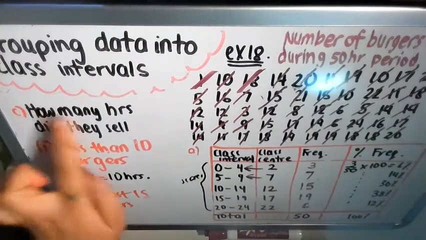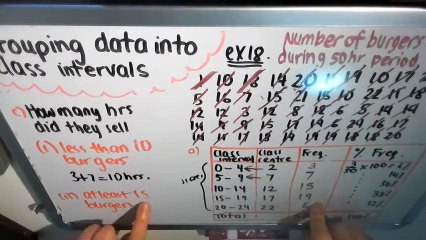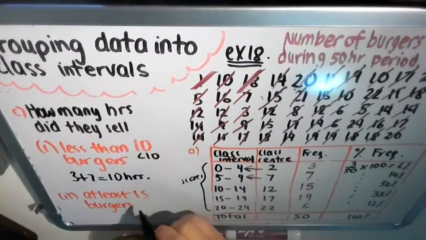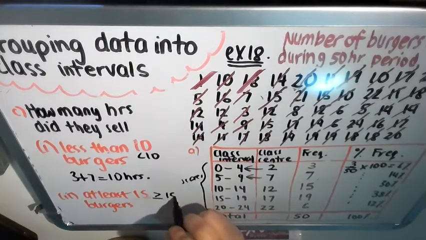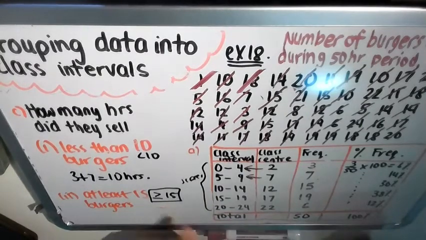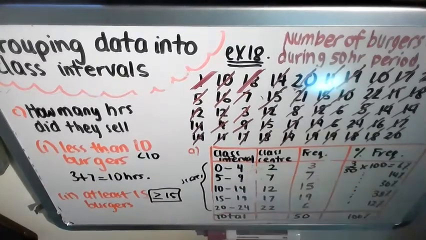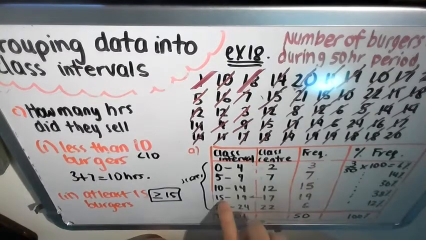Next question, how many hours did they sell at least 15? For the previous question, we wanted less than 10. Now we want at least 15, which is more than or equal to 15. That's what it means mathematically. We want to find the groups that are more than or equal to 15, and that refers to these groups. See? 15 or more.